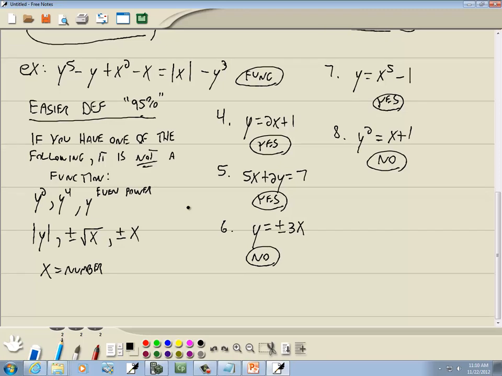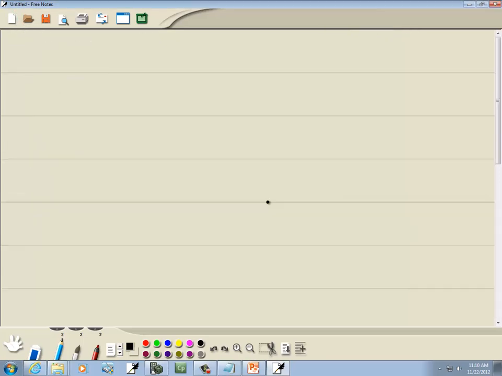Now let's take a look at another way to determine something's a function. It's called the vertical line test.